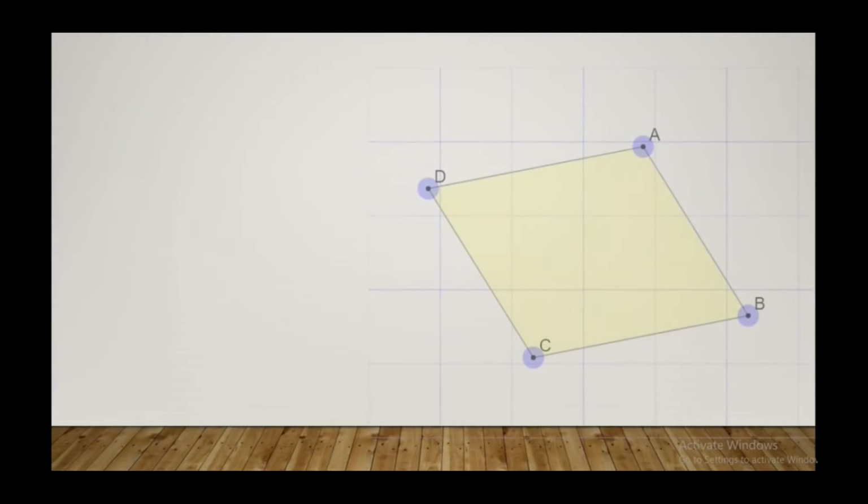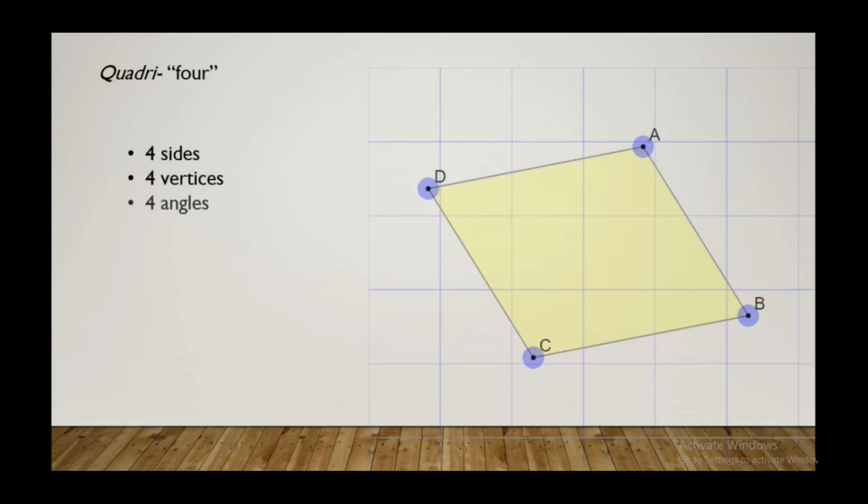Let us take, for example, this figure. We have parallelogram ABCD. It has four sides, four vertices, and four angles. We can also name it BADC or CBAD or DCBA. But note that in naming a parallelogram, the letters must be in order corresponding to the positions of the vertices.